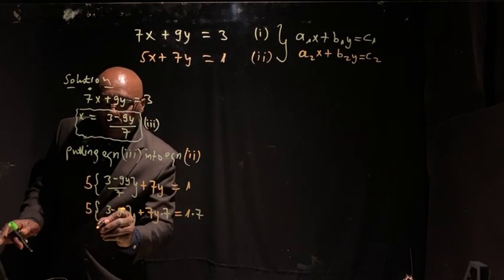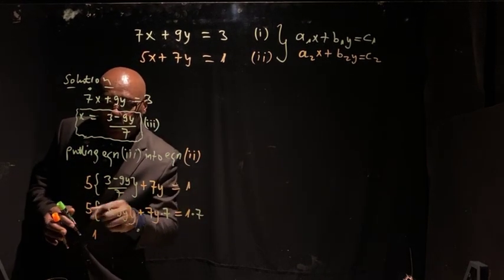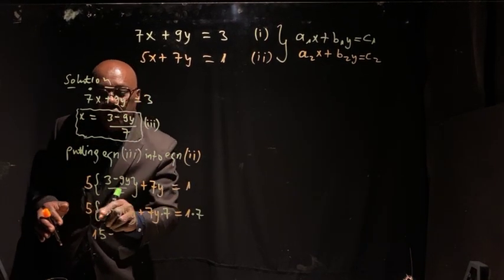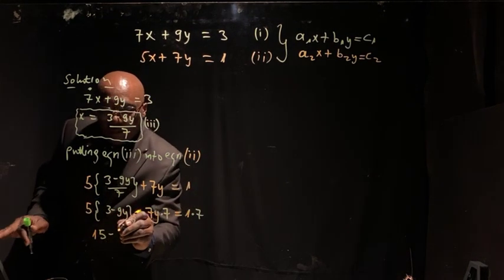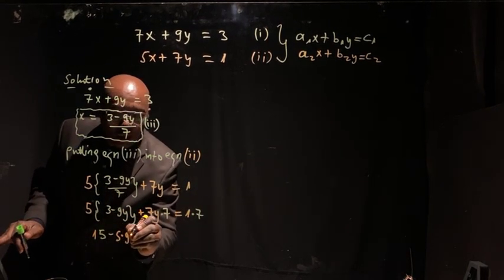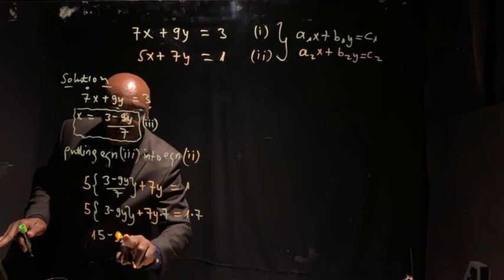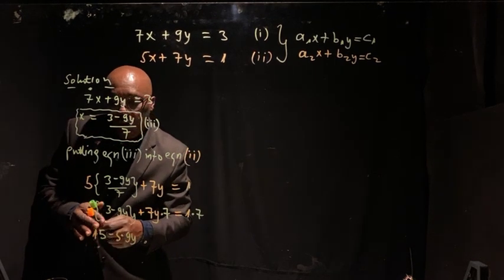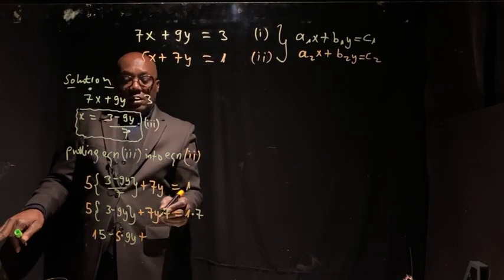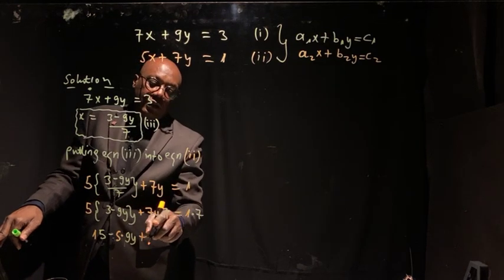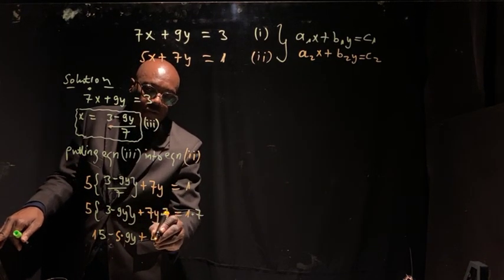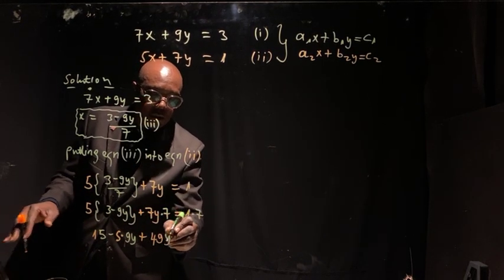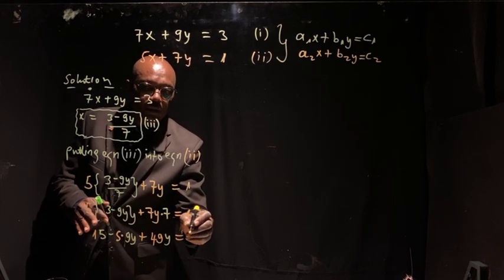Then we have here 15, 5 times 3 is 15. Then we have 5 times minus 9y, minus 9y, plus 7 times 7y, we have 49y, equals 1 times 7 is 7.